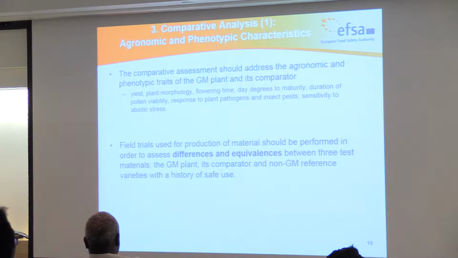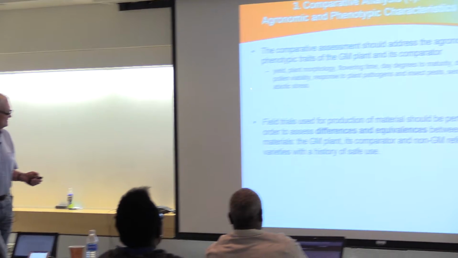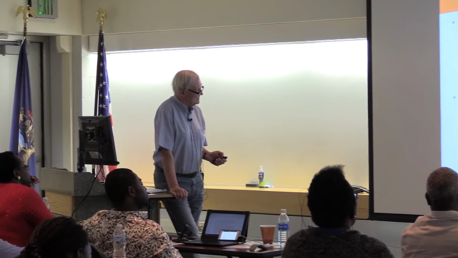Now, the comparative analysis in terms of phenotypic properties is an important thing, and I've listed here quite a few parameters to look at, which is normally done by the applicant through field experiments to look at the properties phenotypically of the new GM plants. And I think this is a very important issue.